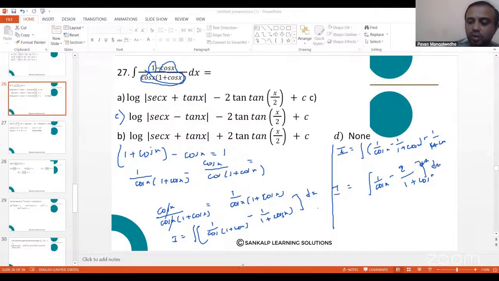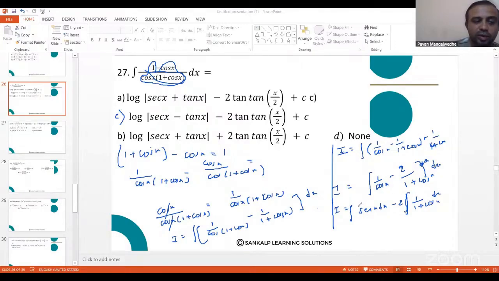Now I is equal to, 1 upon cos x is sec x dx, minus 2 into integration of 1 upon 1 plus cos x dx.